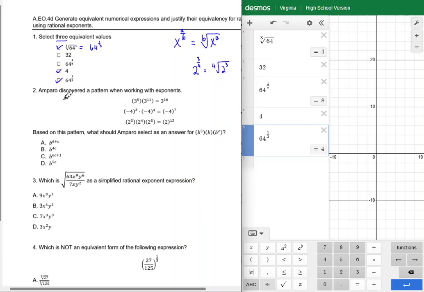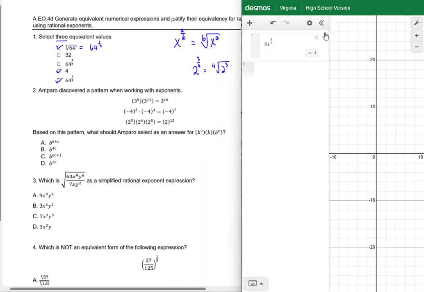Okay, next one. Amparo discovered a pattern when working with exponents. So it looks like when you have the same base, you can add the exponents. So 5 plus 11 is 16. Same thing here, negative 4 cubed times negative 4 to the 4th, same base, then 3 plus 4 is 7.